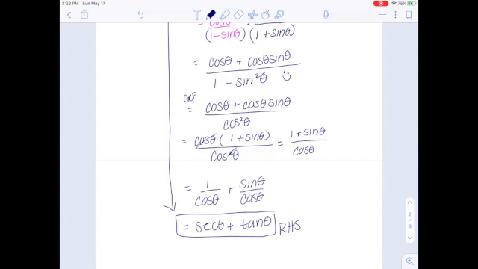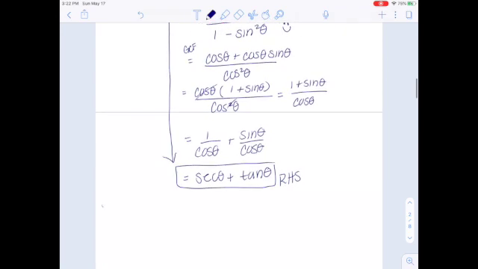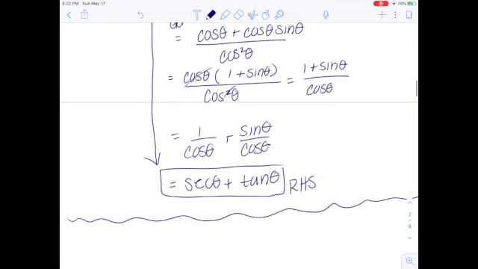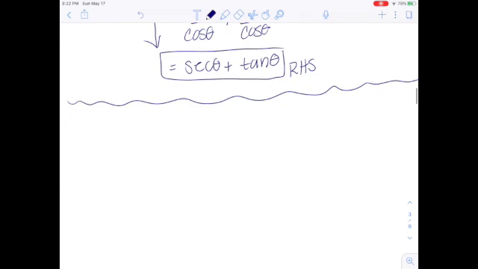That was one way to verify that identity. Maybe some of you, I'm going to show you another way, are like, whoa, that was way too much work, right? Some of you, if you had seen another way.